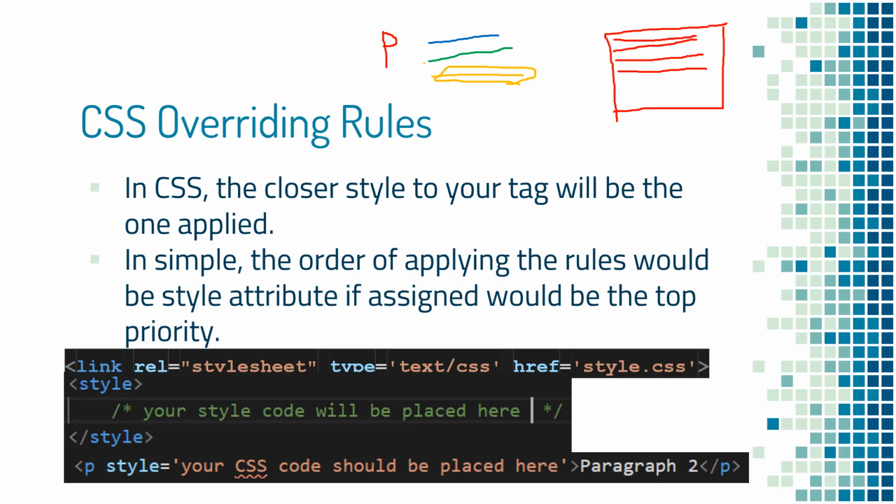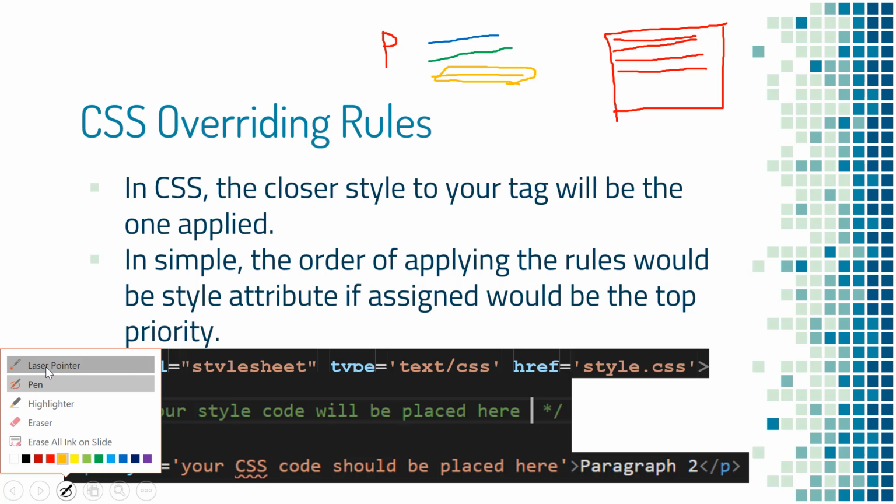As I said, the last one always will take effect. Why do we say the closest to the tag? Because the last one of your style will always be the one that's on the tag level. Okay, I hope this explains why.